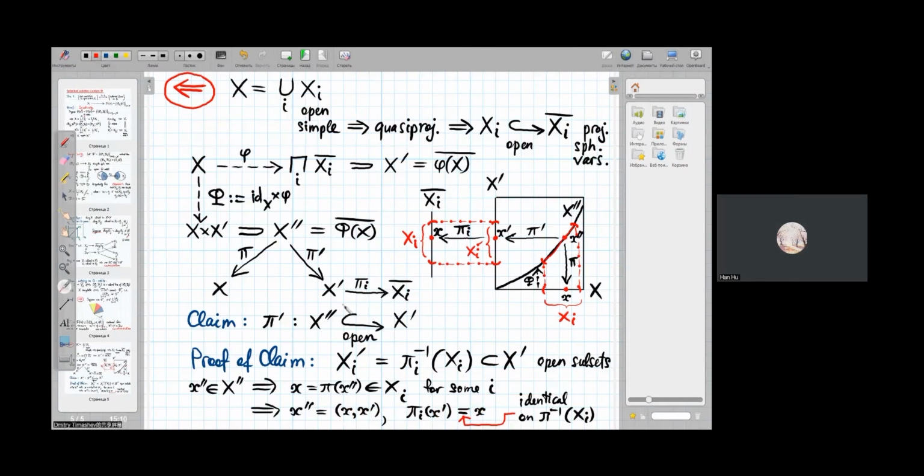But x double prime is the closure of the open orbit. So if some equation holds on the open orbit, it also holds on the closure of it. And for this reason, it holds on this inverse image of xi, on which both are defined.